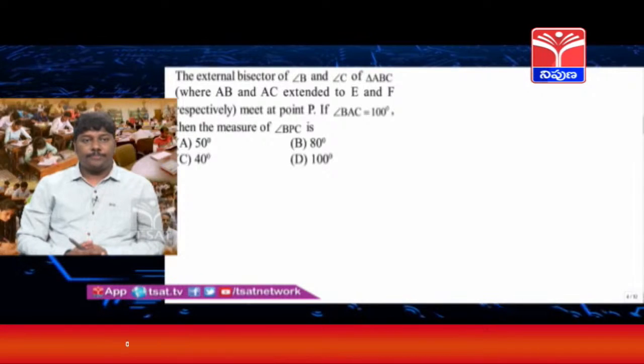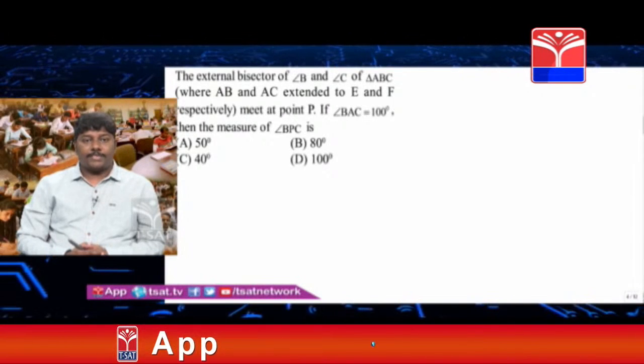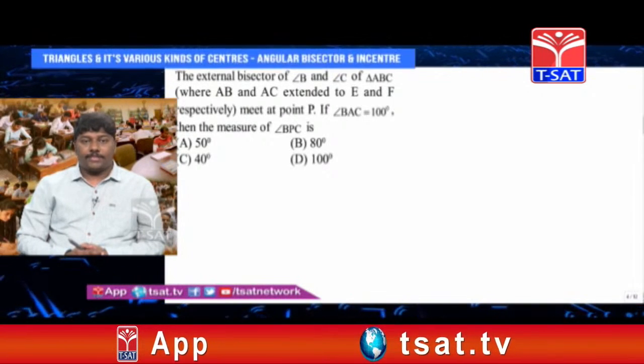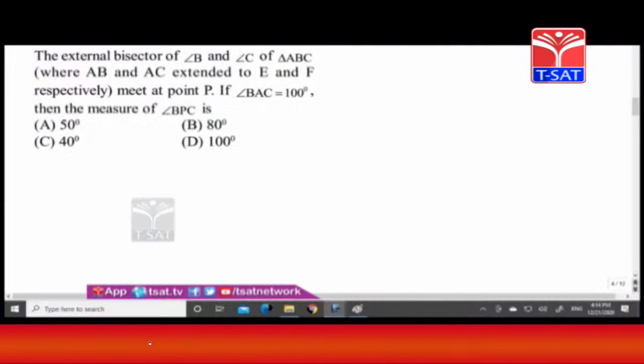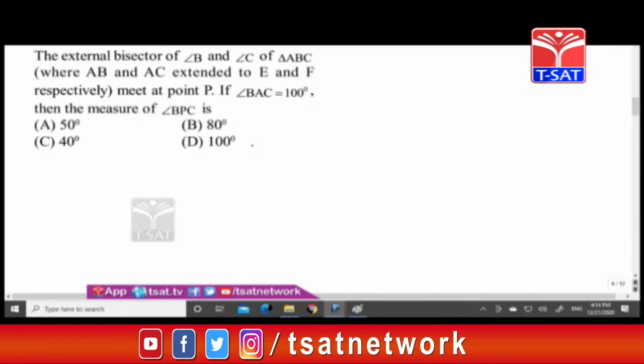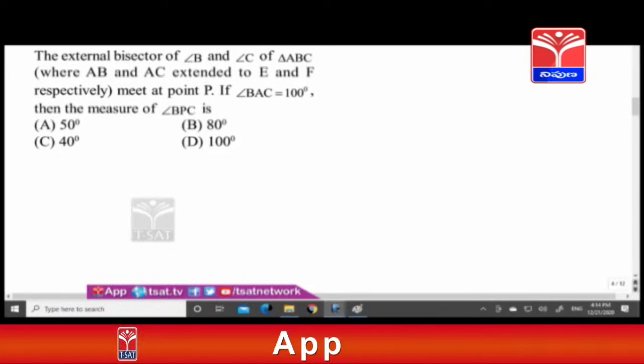Let's look at the next question. The external bisectors of angle B and angle C of triangle ABC, where AB and AC are extended to E and F respectively, meet at point P. If BAC is equal to 100, then find the measure of BPC. It is the same as the previous one.